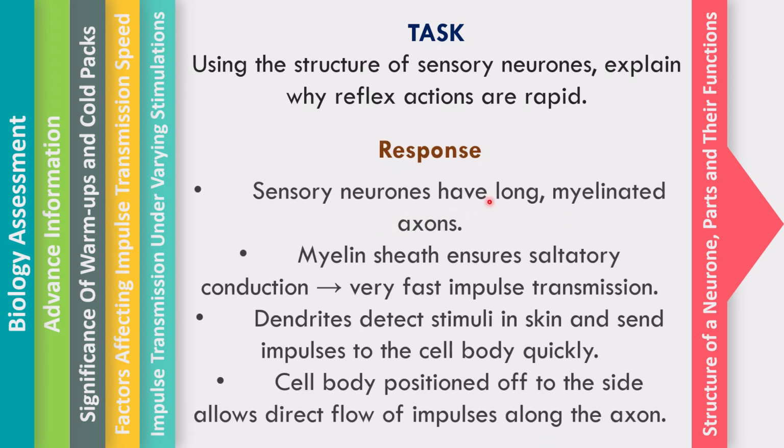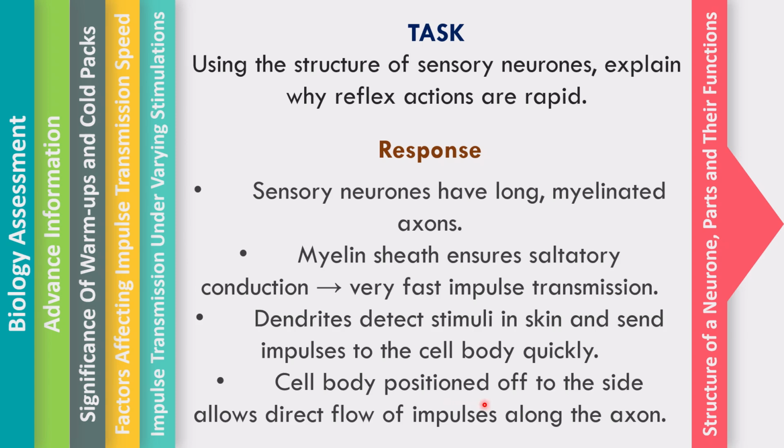Sensory neurons have long myelinated axons. Myelin sheath ensures saltatory conduction, leading to very fast impulse transmission. Dendrites detect stimuli in skin and send impulses to the cell body quickly.